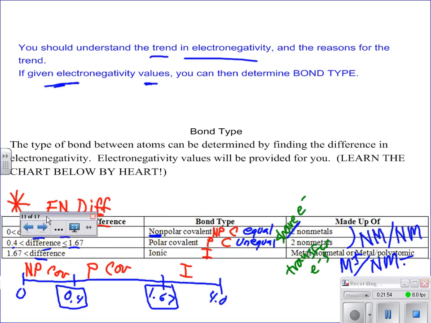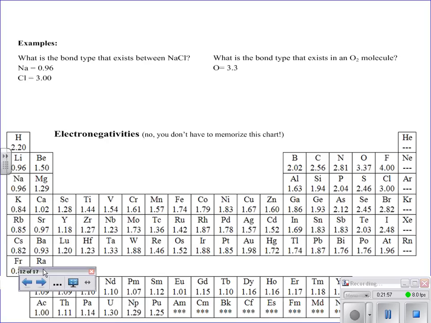Okay, and what do we do with this information? Well, if you're given something like sodium chloride, we want to figure out what is the bond type between that sodium atom and that chlorine atom. If we know our electronegativity values, and by the way, you do not memorize these, these values would be given to you, but you can see some overall trends.